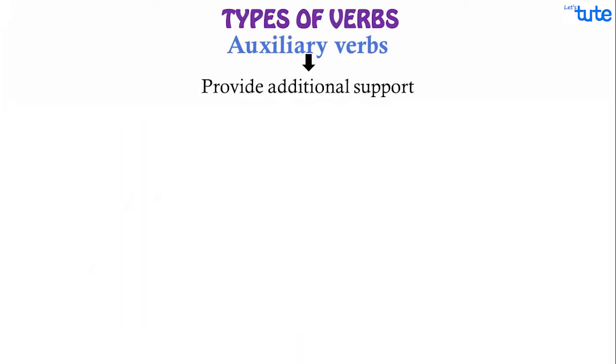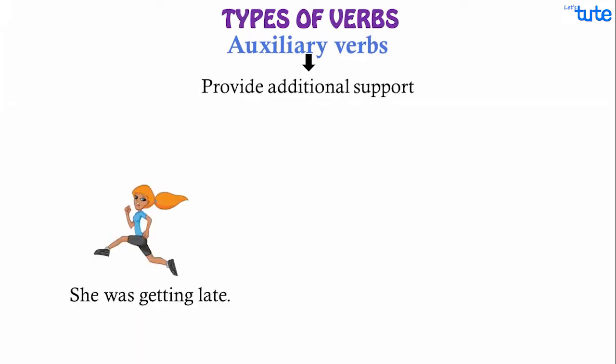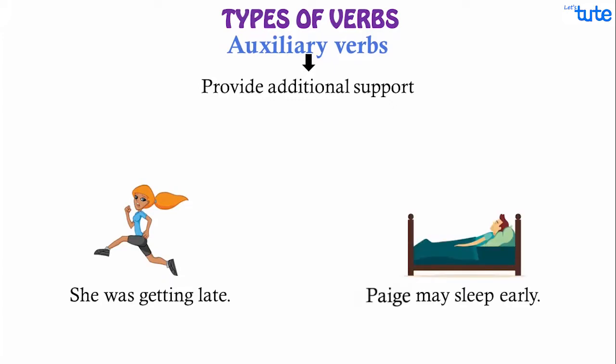Take a look at these sentences. She was getting late. Paige may sleep early. Here, the main verbs are getting and sleep. But which words or verbs are giving support to these main verbs? Yes, was and may.